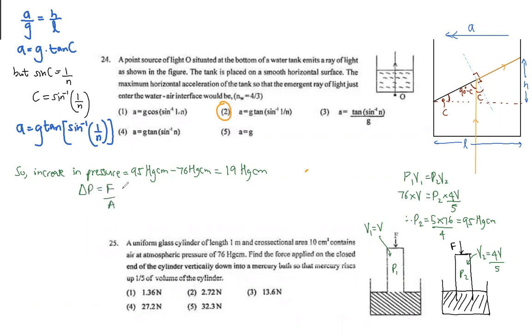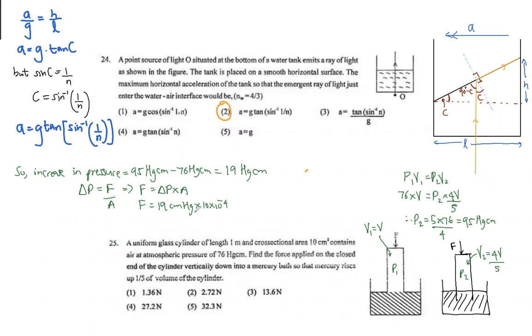That means force is equal to change in pressure into area, but the answer is in newtons. So force is equal to the change in pressure, 19 centimeter mercury, multiplied by the area. What is the area? 10 centimeter squared, that is 10 into 10 to the power minus 4 meter squared.